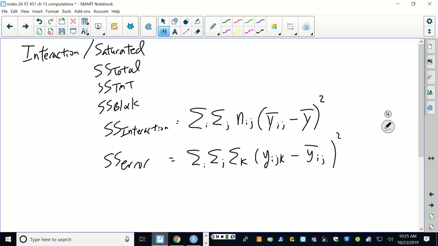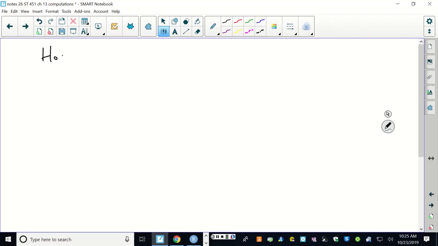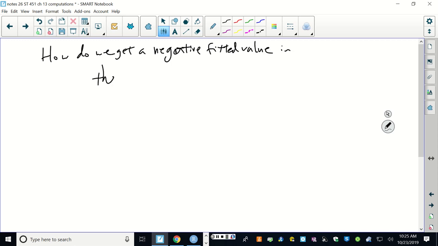So how do we get a negative fitted value in the additive model? Understanding this helps us understand a little bit more what's going on with the additive model.